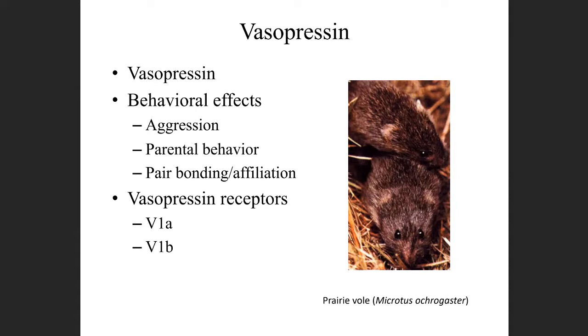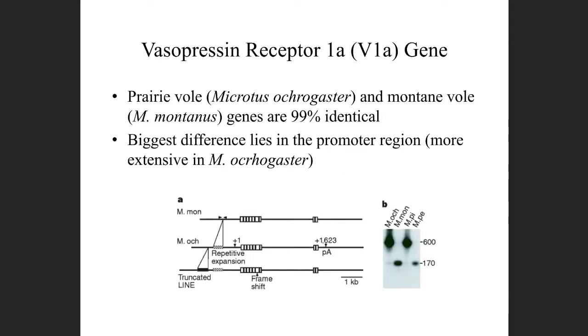There are two different vasopressin receptors, V1A and V1B. So these are areas in the brain that are excited by vasopressin. The interesting thing is that prairie voles and meadow voles are almost completely identical in the gene. What's different between them is the promoter region, which is greater in the Microtus ochrogaster, the prairie vole.